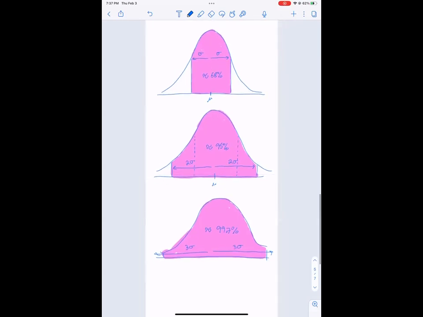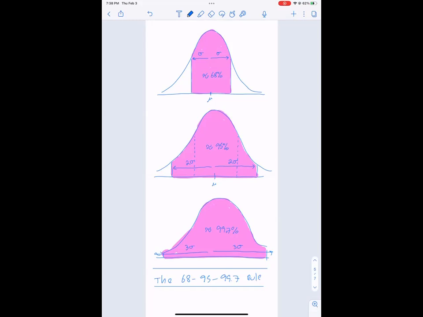So there's a name for this rule. And I don't really understand where the name for this thing came from. It's one of those things in statistics that really makes no sense to me. But this feature is called the 68, 95, 99.7 rule. So if anyone could explain where that comes from, I'd be very happy to hear it. Very bizarre. And it only holds for a normal distribution.